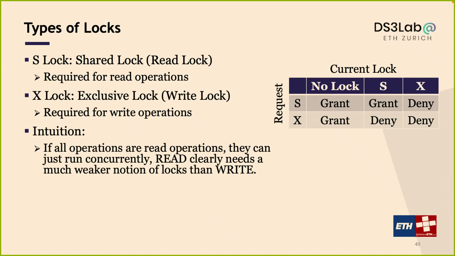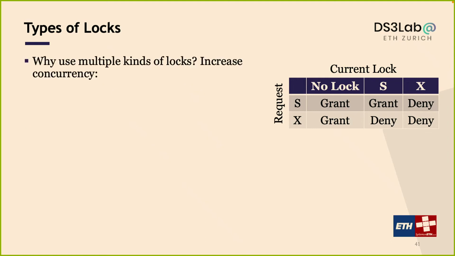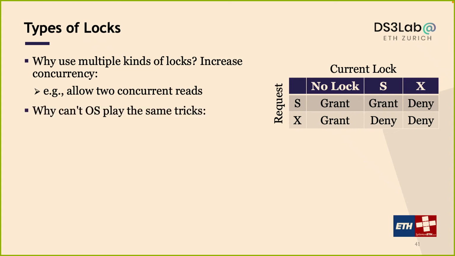So we have these two different types of locks. Why use different types of locks? Because you want to increase concurrency. You want to make sure two threads can read the same thing together because there's no conflict. This is something quite special for databases compared with operating systems, where sometimes you have just one type of lock.